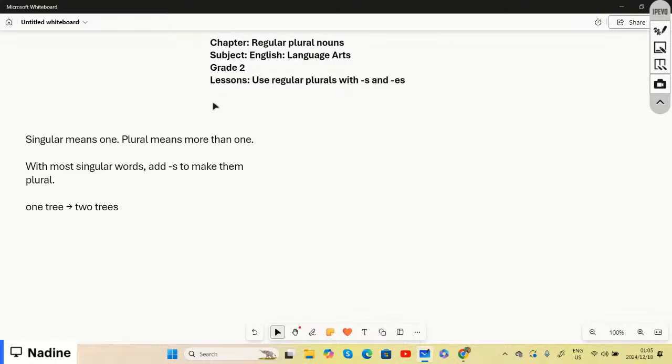We're doing grade 2. And the lessons that we are going to be focusing on under the chapter of regular plural nouns, we're going to use regular plurals with S and ES.